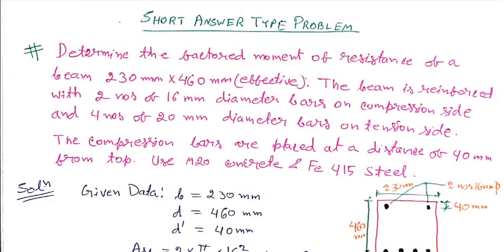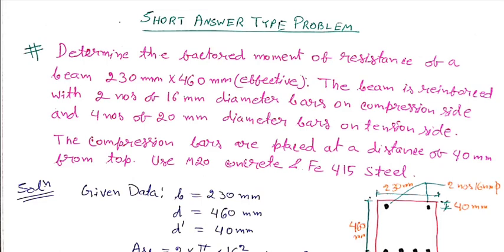Okay, let's solve a short answer type problem to understand the analysis of a doubly reinforced beam. This is an analytical problem, not design. The question is: determine the factored moment of resistance of a beam 230 mm by 460 mm effective.